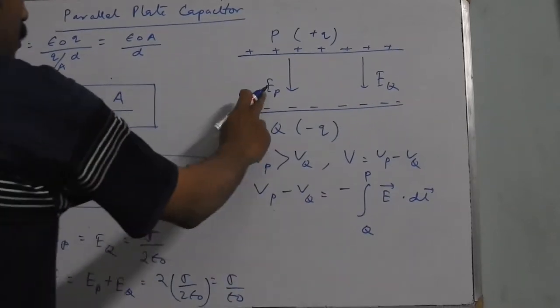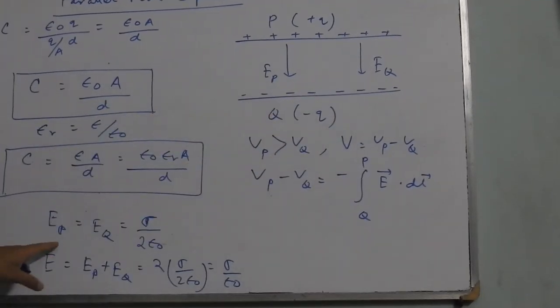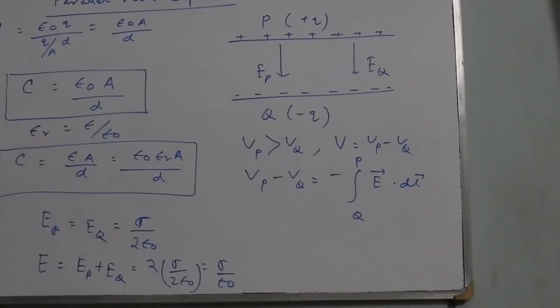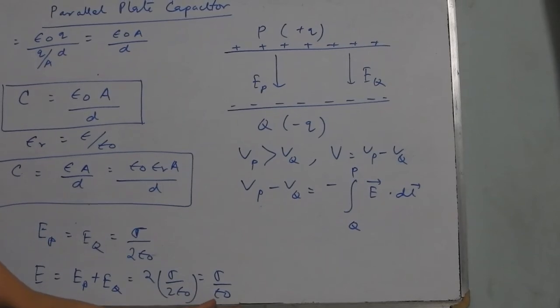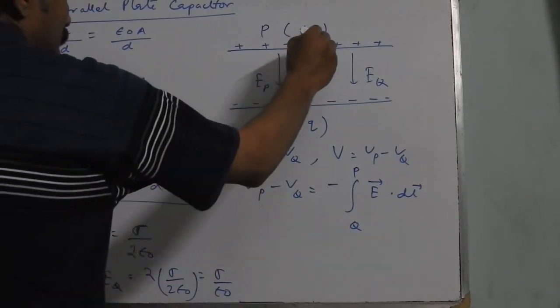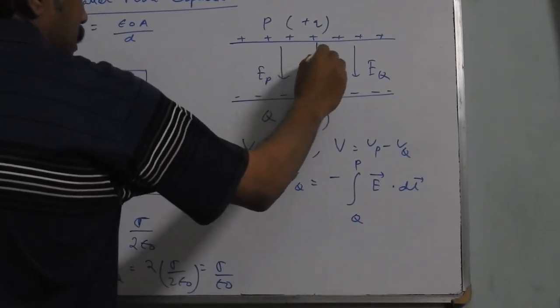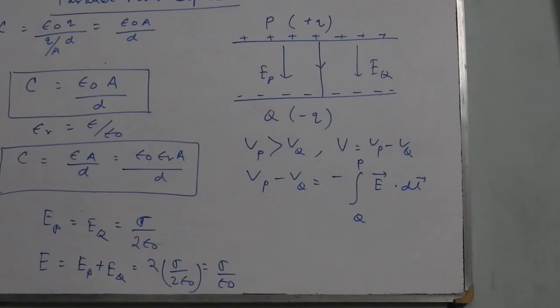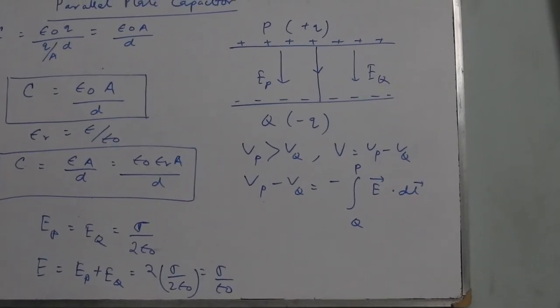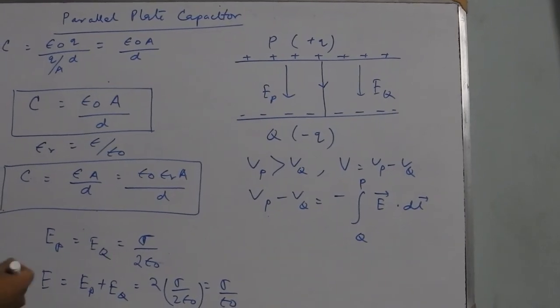Because the field is uniform, and we know that EP and EQ are the same, that is sigma by 2 epsilon 0, the net field is sigma by epsilon 0. So the path connecting might be a straight line path, and this is the direction in which E vector and dl vector will lie. So E vector and dl vector are in the same direction and E is uniform.